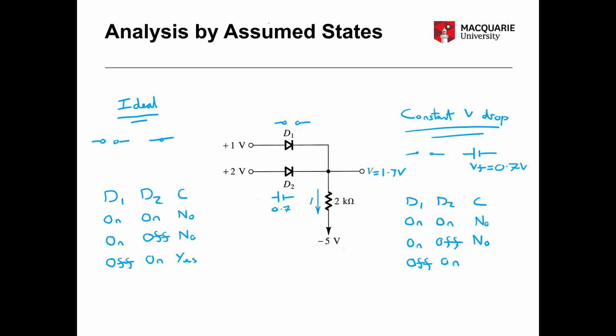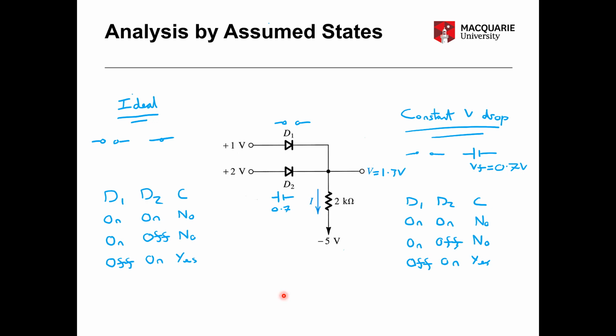Now we can see that the 1.3 volts is higher than 1 volt on the left there, so it's consistent that this diode would be under reverse bias. D1 will be under reverse bias and therefore would be off. So here once again we can say this solution is consistent, just as with the ideal case.